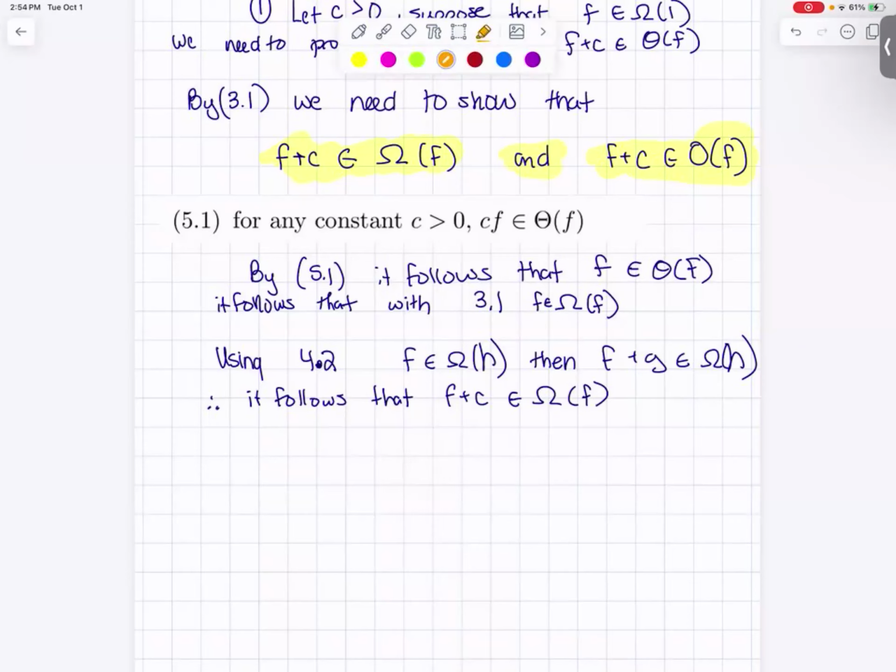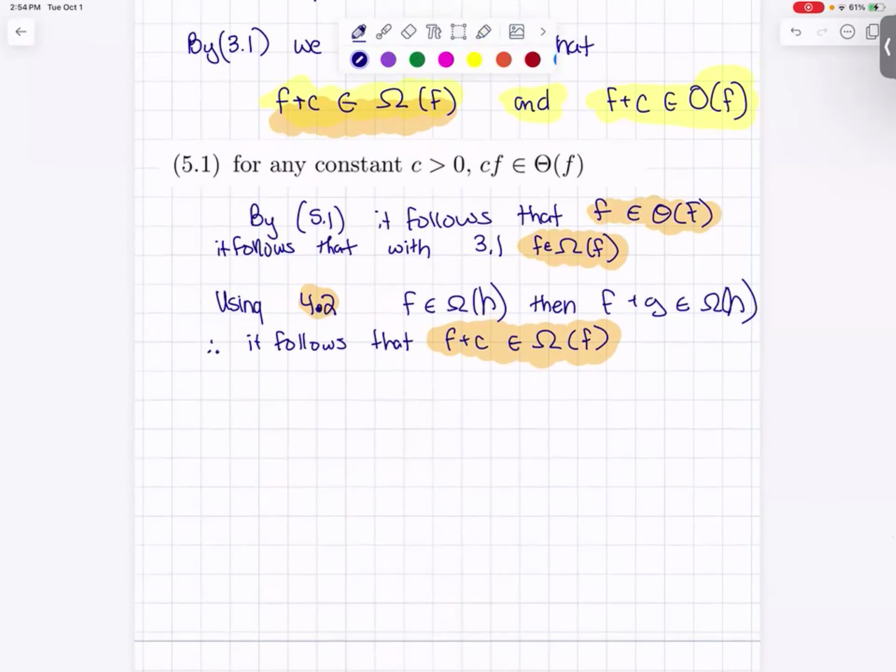So what we've done is we've taken this statement here, used 5.1 to show this, to get this. We knew that that was true. After doing that, we were able to break up the fact that f is in theta meant that f had to be in big omega of f. And then we could use 4.2 to say, no problem, add that c on and we'll still be in big omega of f. So now we've shown that entire side.